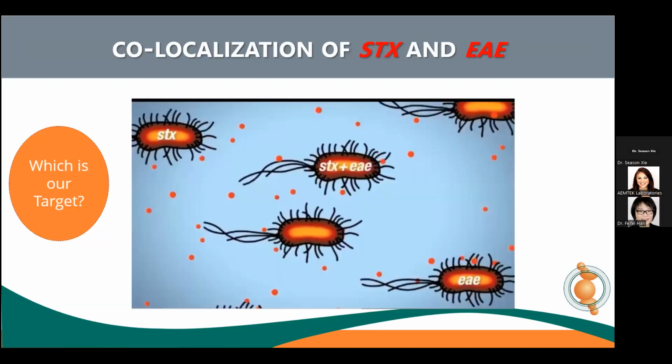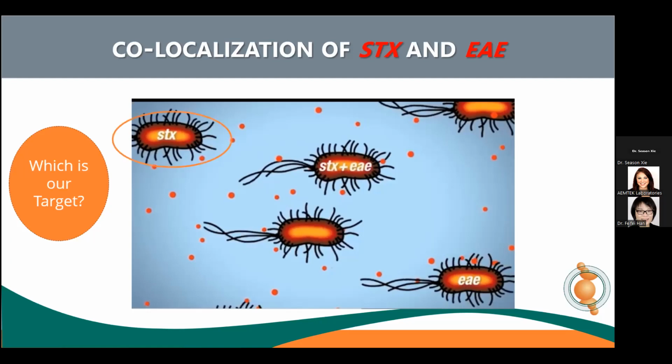You may wonder why it is so difficult to confirm STEC. The difficulty in confirming STEC comes from the concept of co-localization. Co-localization refers to the simultaneous presence of both STEC and eae within the same cell.